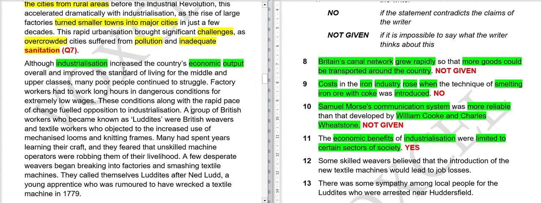Because they are saying, although industrialization increased the country's economic output and improved the standard of living, and it benefited the middle and upper classes, many poor classes continued to struggle, meaning they were not able to take advantage of these benefits.